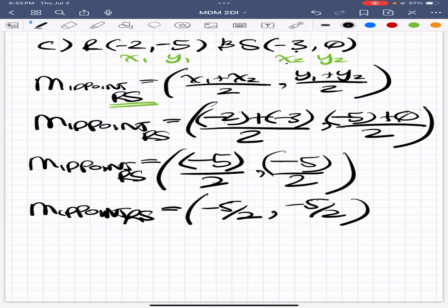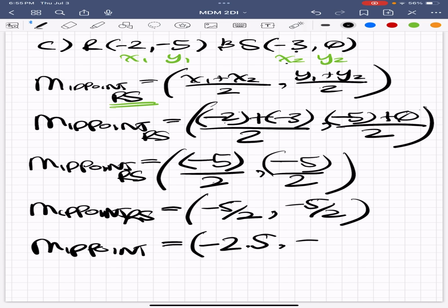And then we have, now we need to do the midpoint in decimal form. We do negative 2.5, comma, negative 2.5.